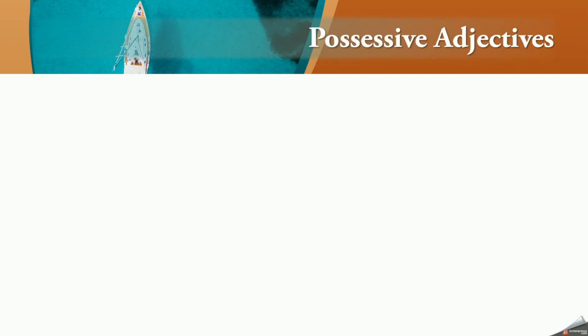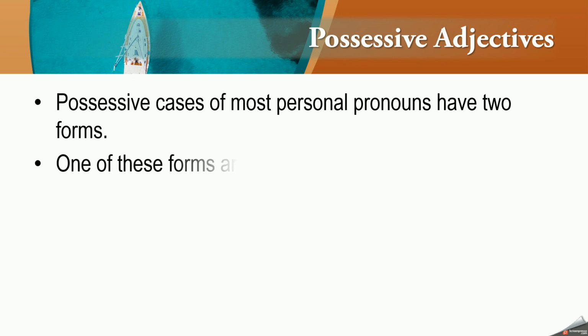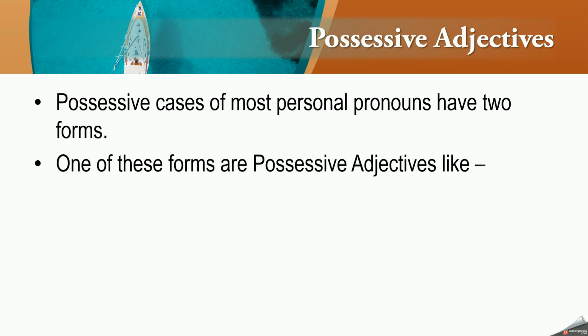Again, come to the possessive adjectives. I already told you possessive cases of most personal pronouns have two forms, and one of these forms is possessive adjectives like my, our, your, her, their.